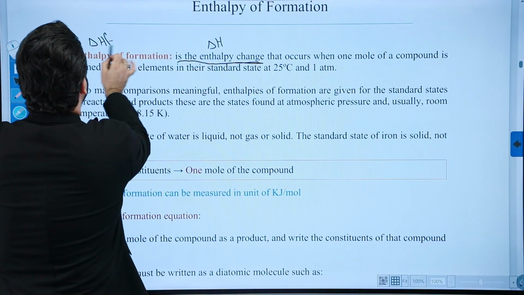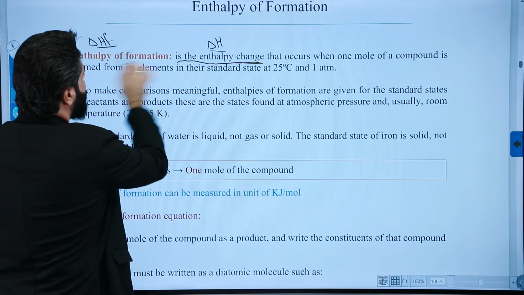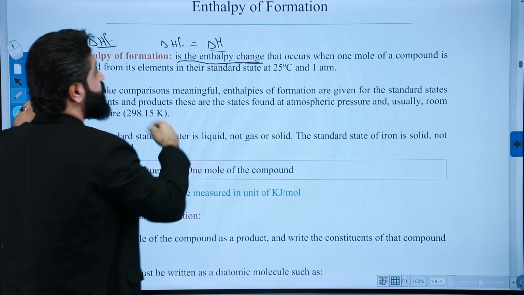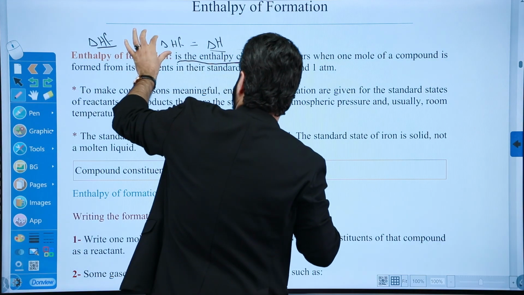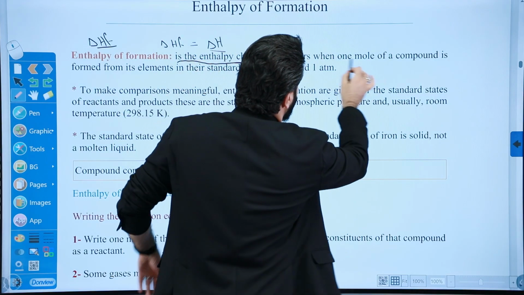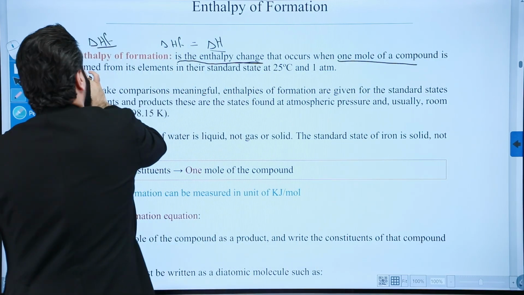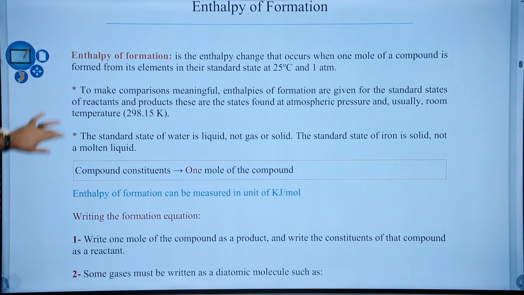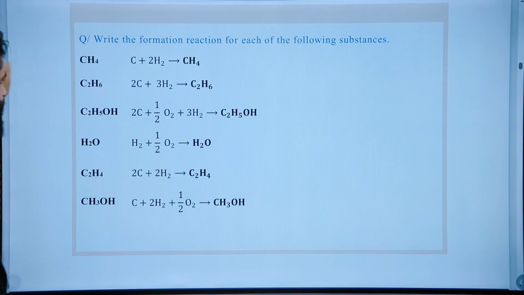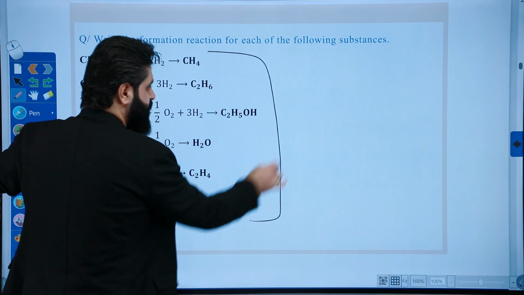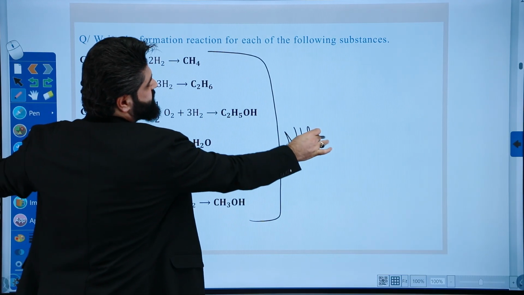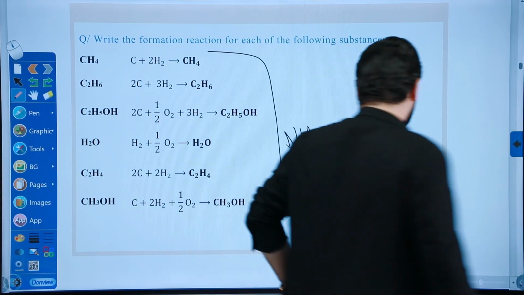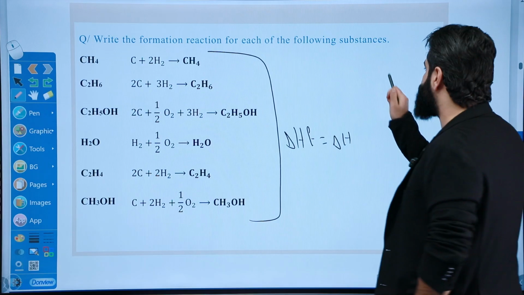It means delta HF is delta H. That means delta HF equals delta H when 1 mole of the compound is formed from its elements.